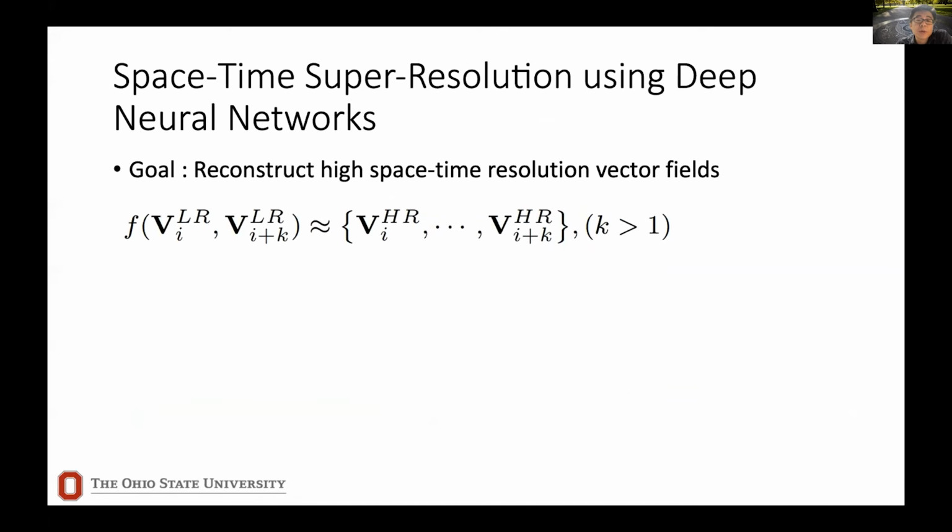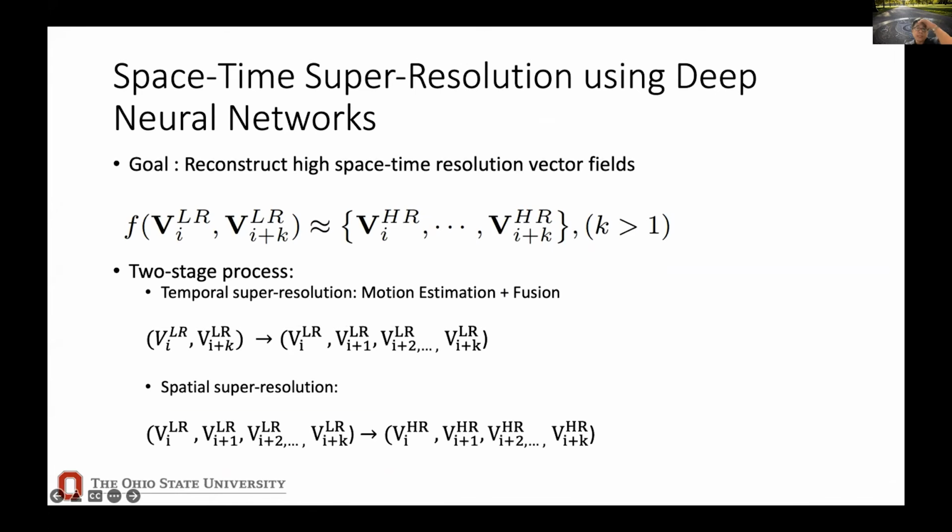So this is the problem statement in a more formal way. We are trying to train a neural network to learn the function f, which takes two time steps, the first time step and the last time step at low resolution, as the input. But we want to be able to produce a sequence of the data between I and I plus k at a high resolution. Like I said just now, we actually divide the reconstruction into two stages.